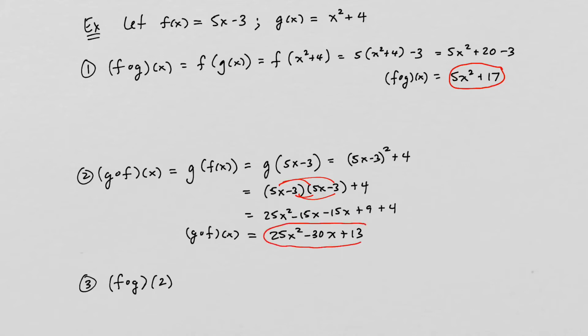So same two functions, but in the reverse order. And of course, one thing I want to point out is that these two functions are not the same. So when you do a composition, the order matters. F of g of x is not going to be the same as g of f of x.